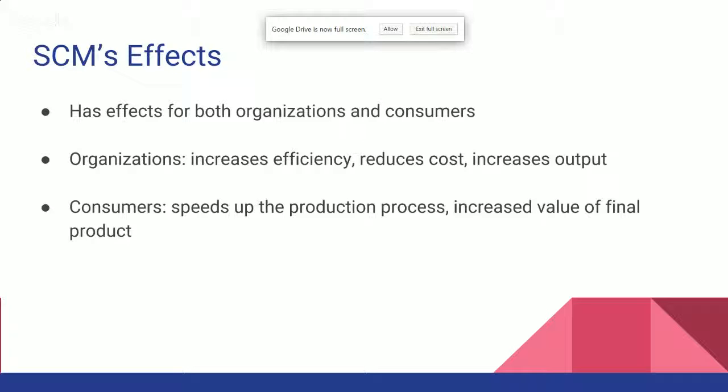If they can analyze parts of their processing that are not efficient in a timely manner, they can eliminate those, and in turn that would increase efficiency and increase output, as said. And then for the consumers, it speeds up the production process, and it can also increase the value of the final product. So for both sides, supply chain management effects are very beneficial.